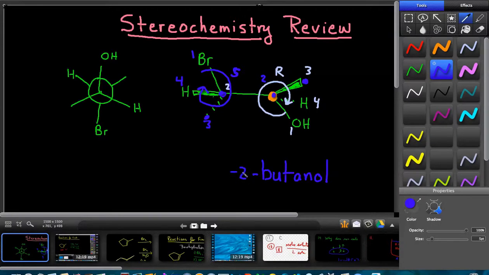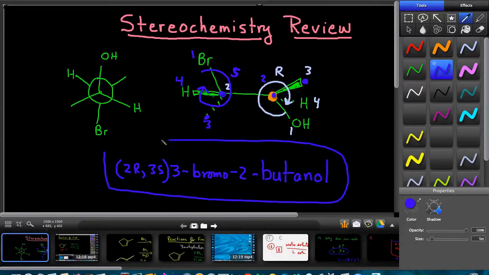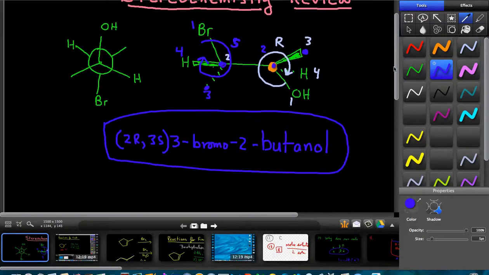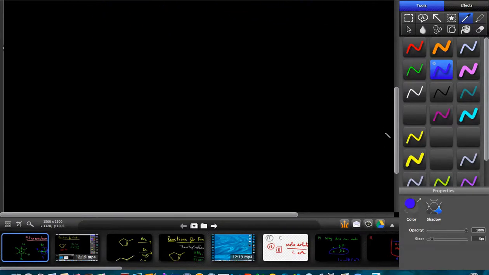And we can also go 3-bromo. And finally, we can go 2R, 3S-3-bromo-2-butanol. I think that this is a skill that you need to master and to be able to handle for your exam on Wednesday. Let's look at another type of problem with stereochemistry.